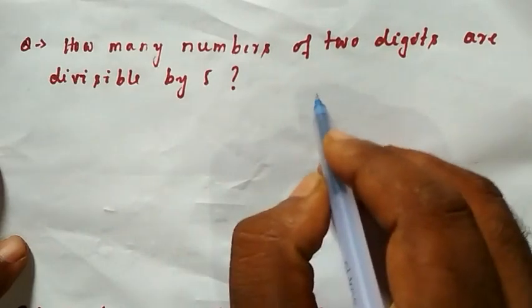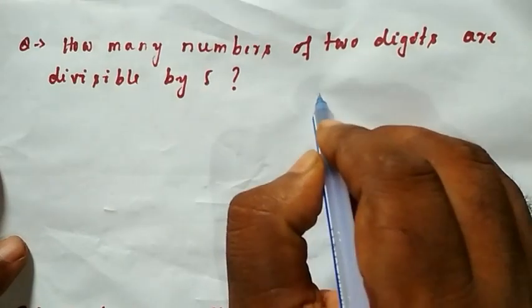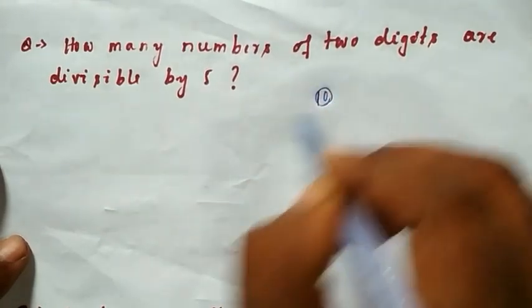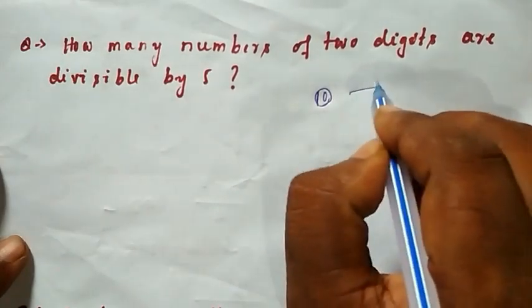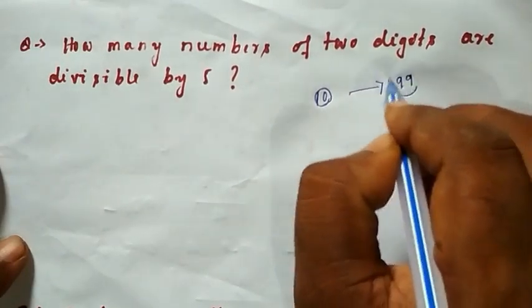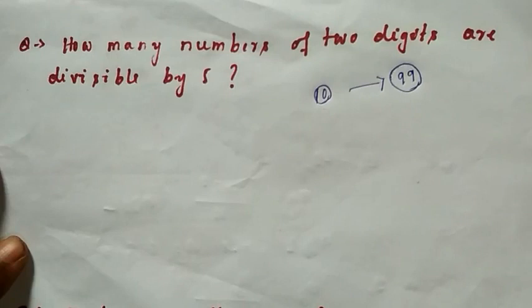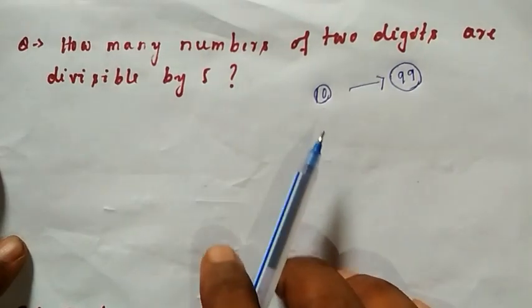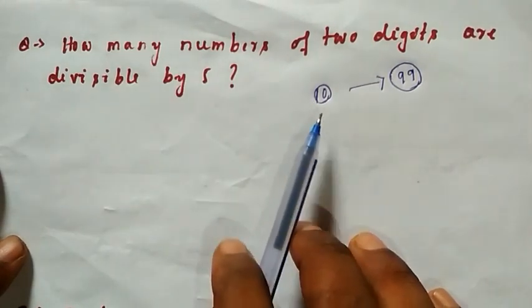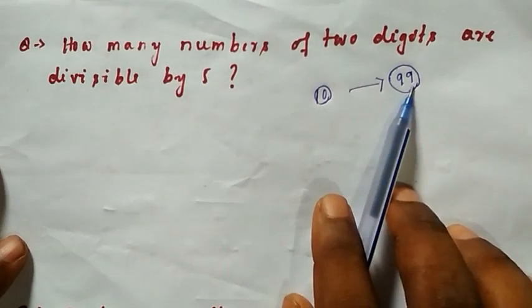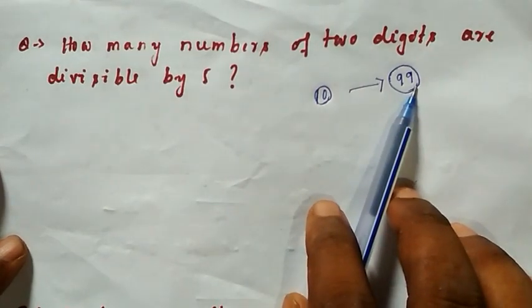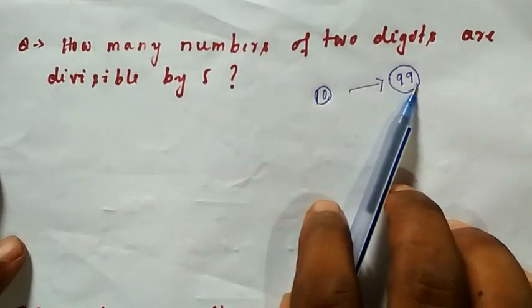You know students, a 2-digit number starts from 10 and ends with 99. Yes or no? Is it clear? Okay.